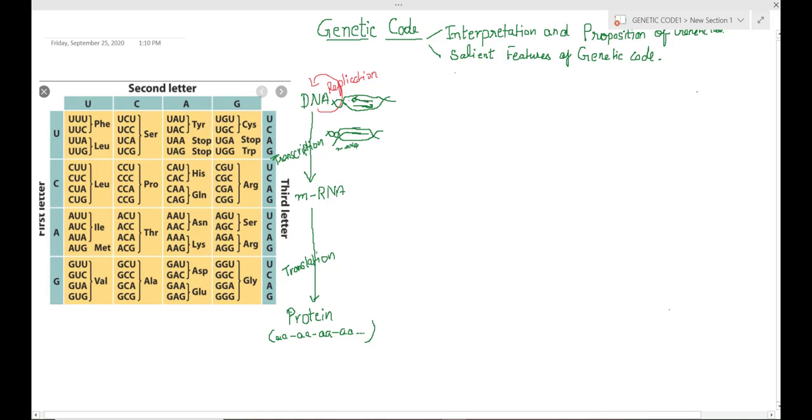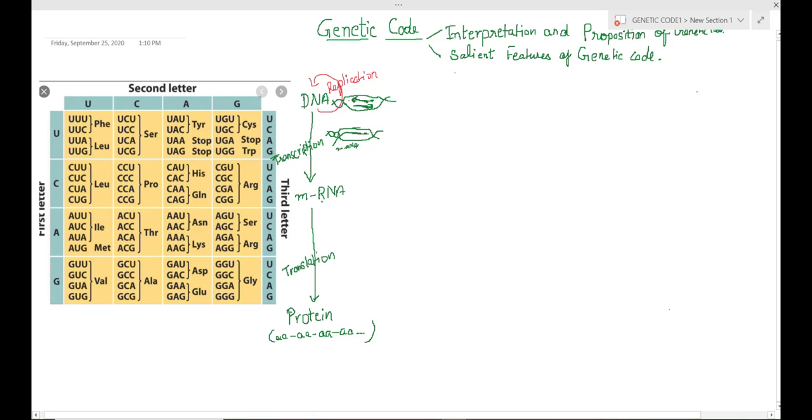So in replication as well as in transcription, we can easily predict the sequence of the new strand because it is complementary to its parent strand. Likewise, mRNA is complementary to the template strand, so we can easily predict its sequence.